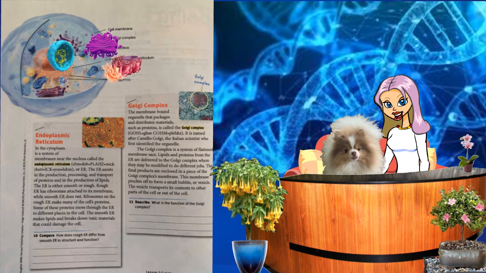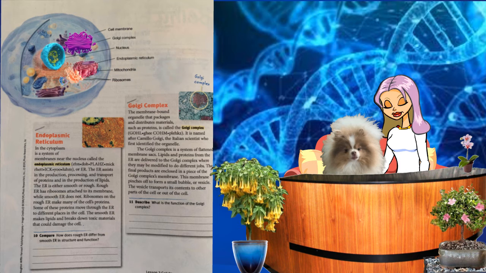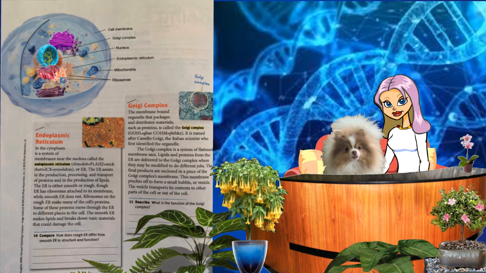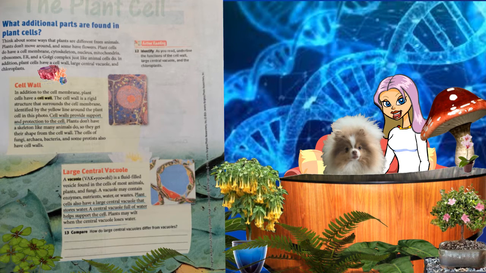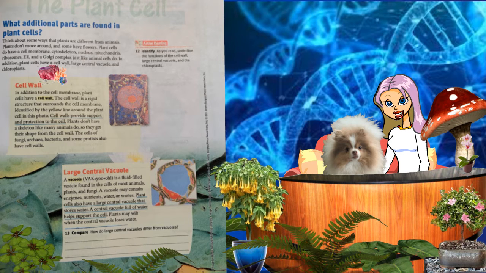Okay, plant versus animals. Plant and animal cells are different because they need different things. What are some ways that plants and animals are different that might explain some of their cellular characteristics? That was exciting. What additional parts are found in plant cells?